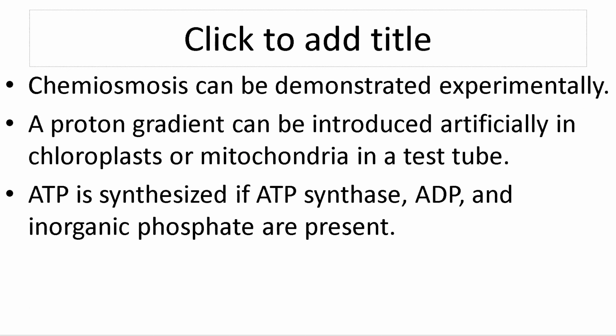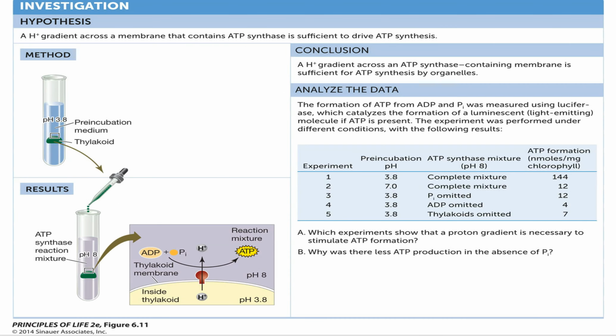And so chemiosmosis can be demonstrated experimentally. For example, the proton gradient can be artificially introduced. ATP is synthesized if ATP synthase, ADP, and inorganic phosphate are present. Literally, you can see pH 3.8.